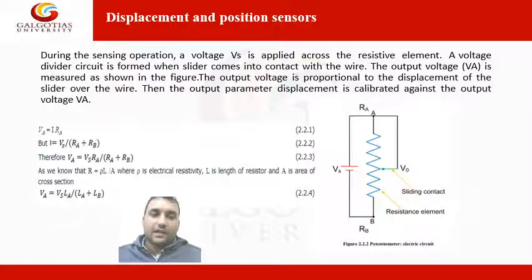So Va is equal to I into R, but I is equal to Vs upon Ra plus Rb, that is, resistance A plus resistance B. Therefore, the voltage across A is equal to the source voltage Vs into the resistance R, divided by resistance of A plus resistance of B. As we know, resistance is rho into L upon A, where rho is the electrical resistivity, L is the length of the resistor, and A is the area of cross section.